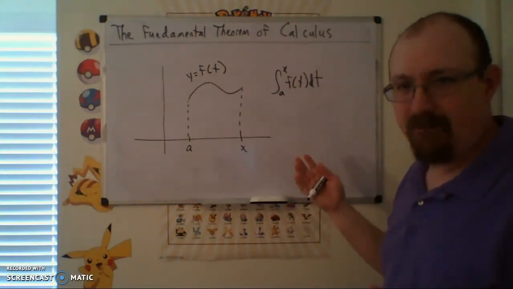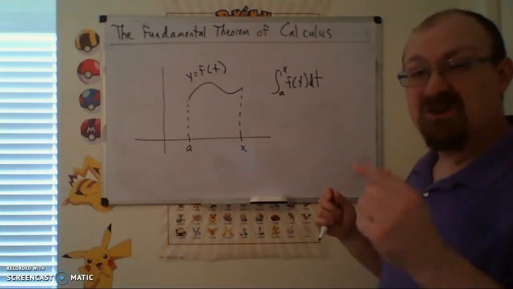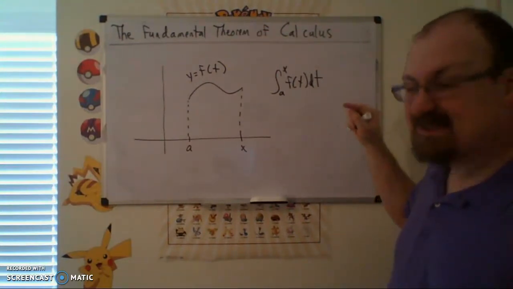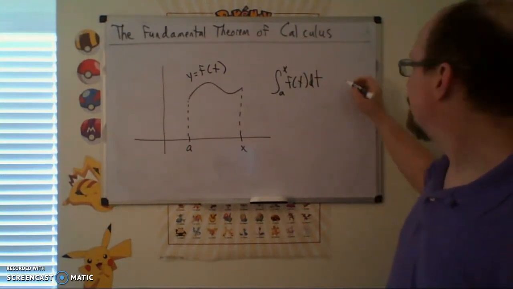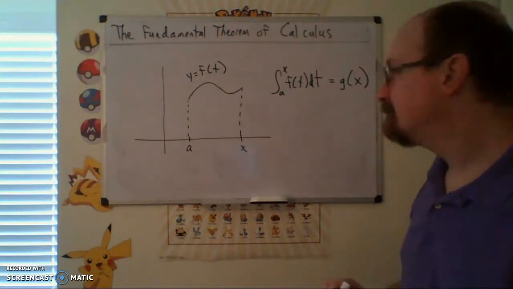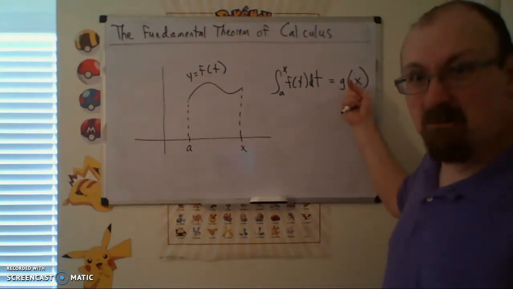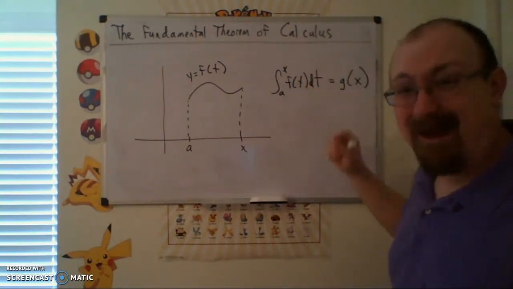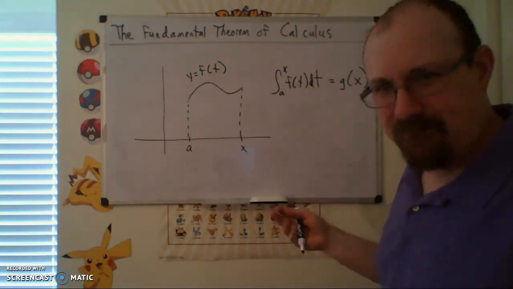So nothing new yet. What we're going to do is define a new function of x using this definite integral. So I'm going to call that guy g of x. So again, this is now a well-defined function. The catch is we're defining it by integrating something else.